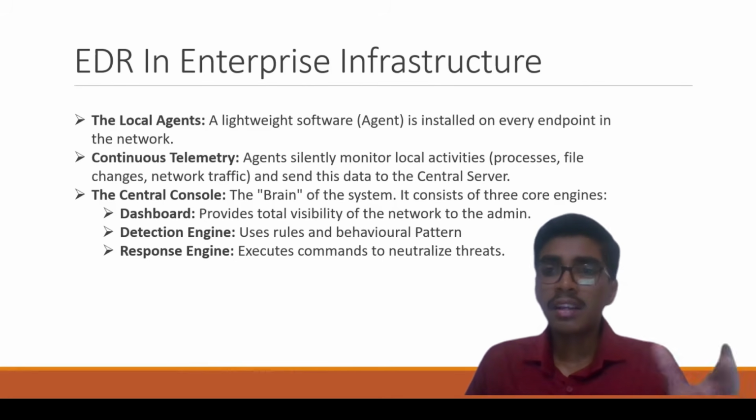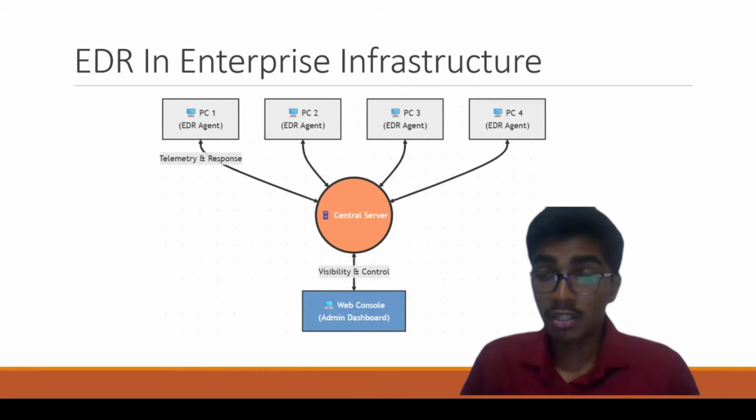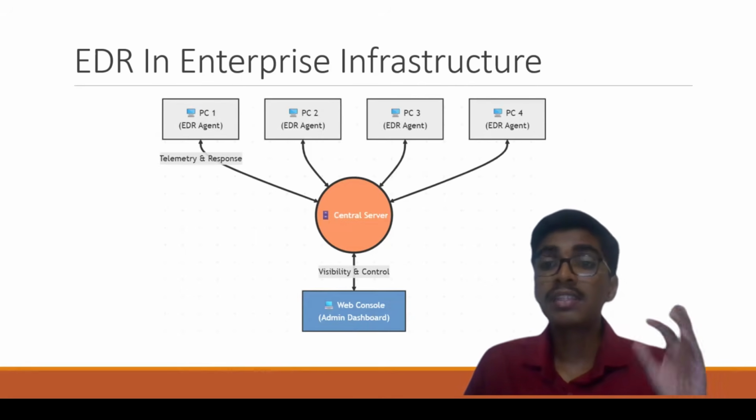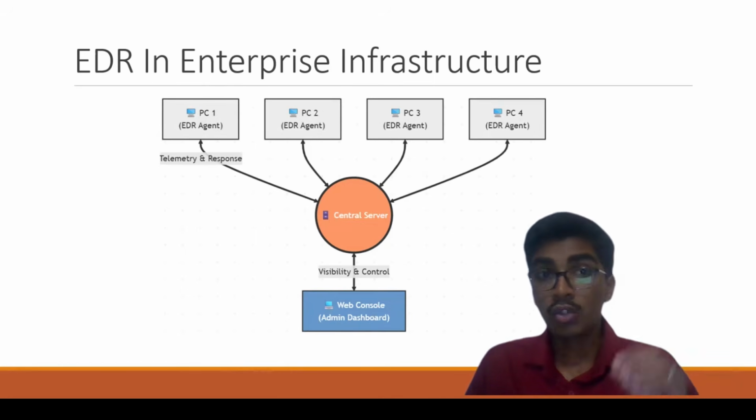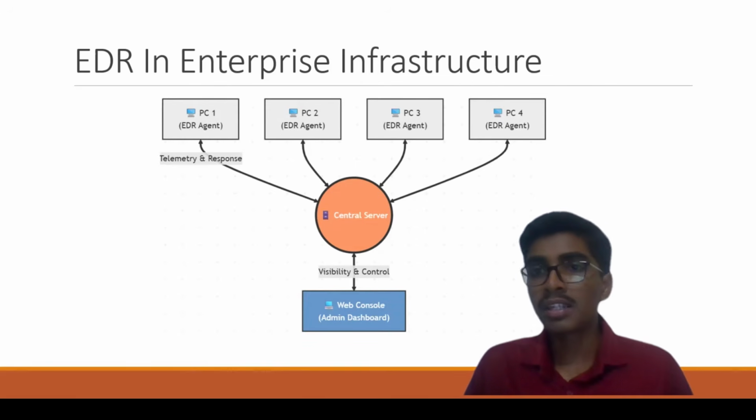Suppose in a network, as I showed below in this slide, there are several PCs. Suppose on PC1 some attack is done, like an employee working on PC1 has installed a virus by mistake. That virus runs there and does suspicious activity, and it is detected and reported to the central server, and the admin can see that.